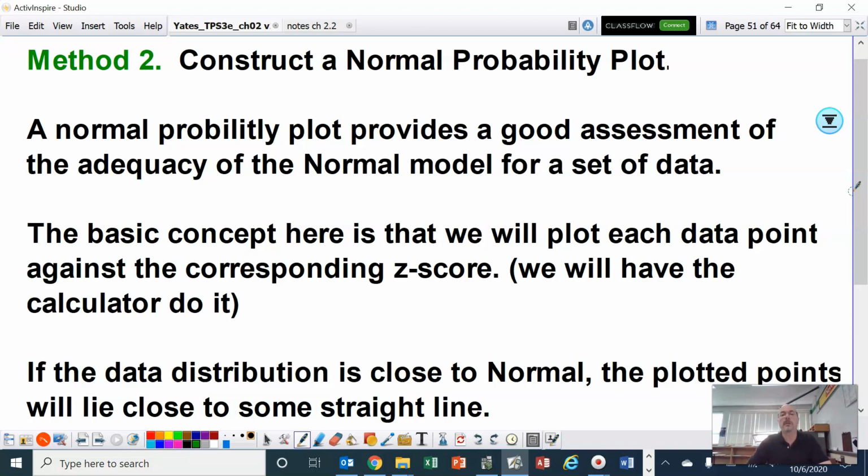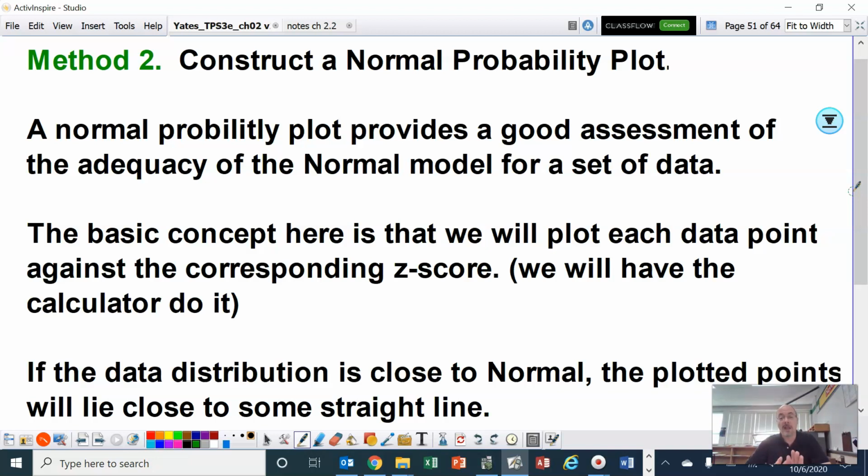A normal probability plot provides a good assessment of the adequacy of the normal model for a set of data. The basic concept here is that we will plot each data point against the corresponding z-score. This is so cool, okay? I get excited with this stuff, and I'll show you with the calculator.